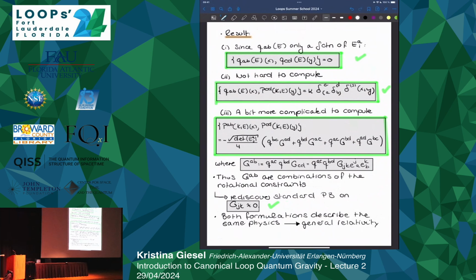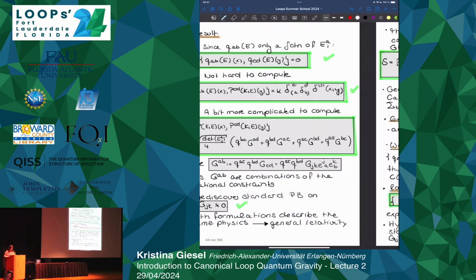Now, if we go on the constraint hypersurface of the rotational constraint, all these terms involving G will vanish, because these G with upper index are a combination of the GJKs. And therefore, if we implement the rotational constraint, also this Poisson bracket will vanish, and we can show that both formalisms yield the same result and therefore also describe the same physics.